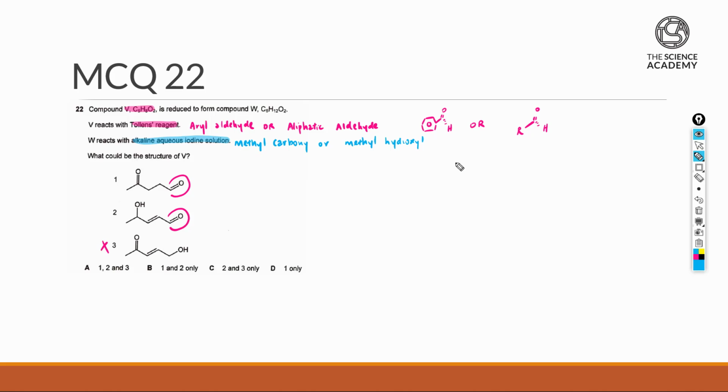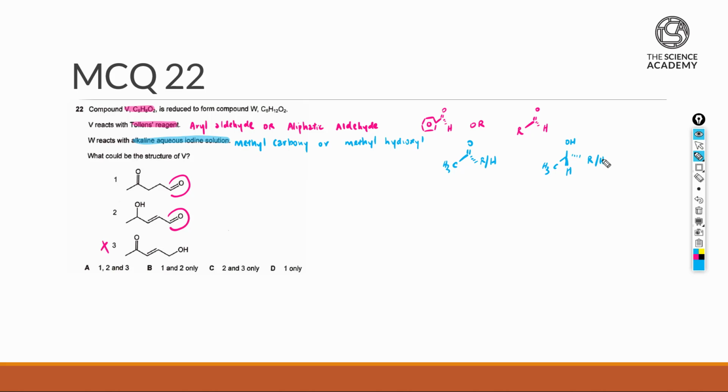Drawing it out, the methyl carbonyl compound will be C=O, CH3, and the other side could be attached to an R or an H. For the methyl alcohols, we have a carbon attached to an alcohol, a methyl, a definite inclusion of hydrogen, and the last group could be R as well as H.